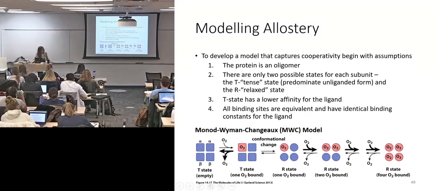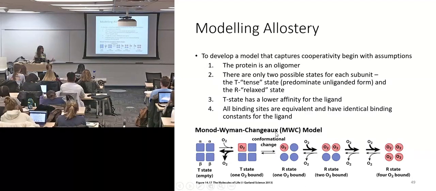So here we have hemoglobin. All of our subunits are in the T state, the empty state. There's no ligand attached. The preference would actually be to stay with no oxygen bound, since getting that first oxygen to bind is a little bit more of an energetic barrier. But once the first oxygen binds, there's a conformational change.